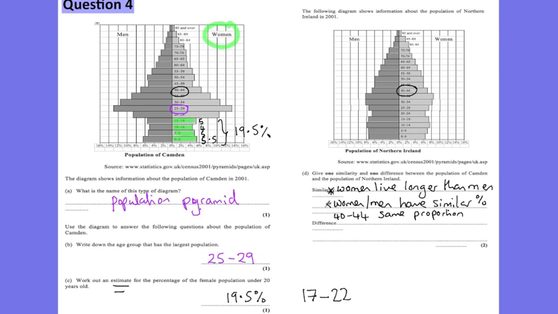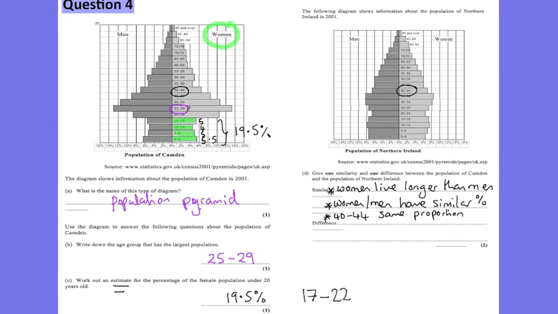Okay, moving on now to differences. So things that are not the same about the population pyramids shown here, the information in the population pyramids of Camden and Northern Ireland. First off, we can see that the shape of the pyramid for Camden is very different to the shape for Northern Ireland. But what does that mean?